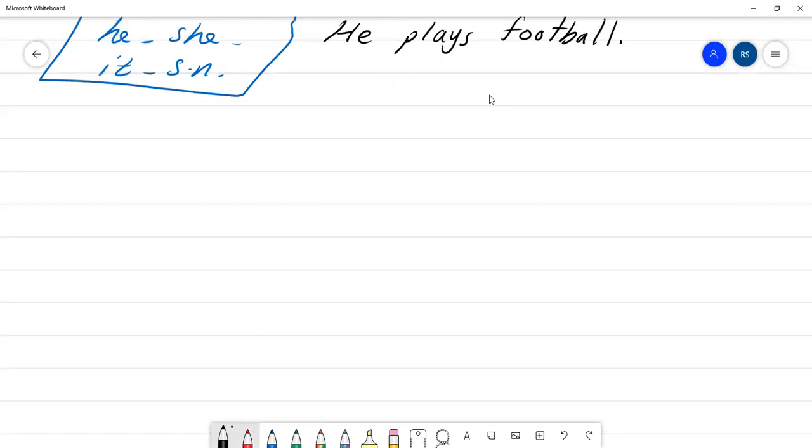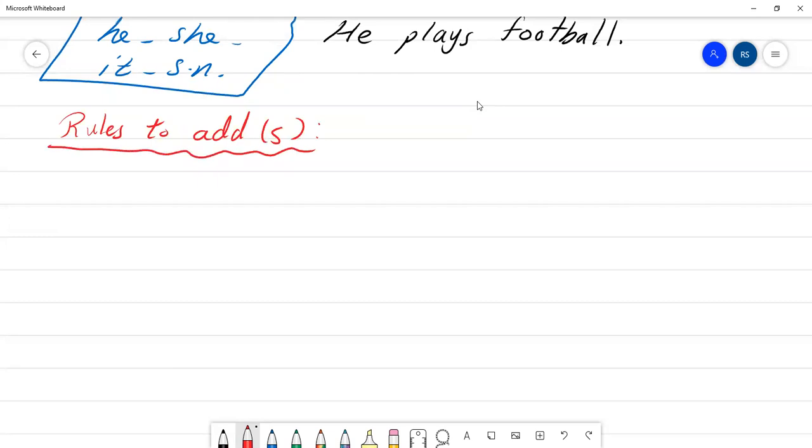As you know, rules to add s, how to add s. One, in general, we add s, like play, plays.